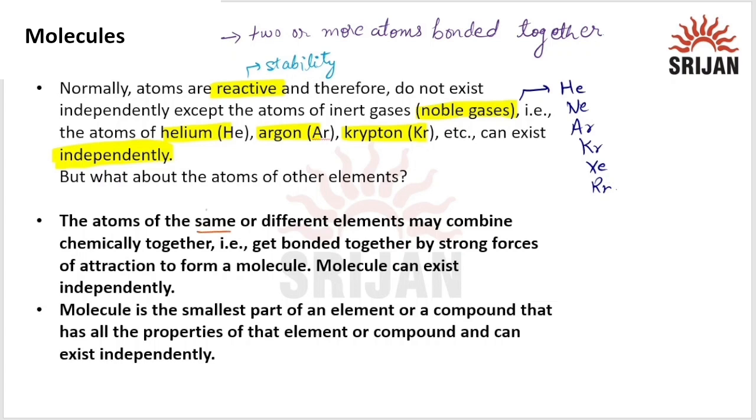The atoms can be the same, like in the case of oxygen, nitrogen, chlorine, sulfur, or the atoms can be different elements, for example sulfuric acid, hydrochloric acid, water, ammonia.